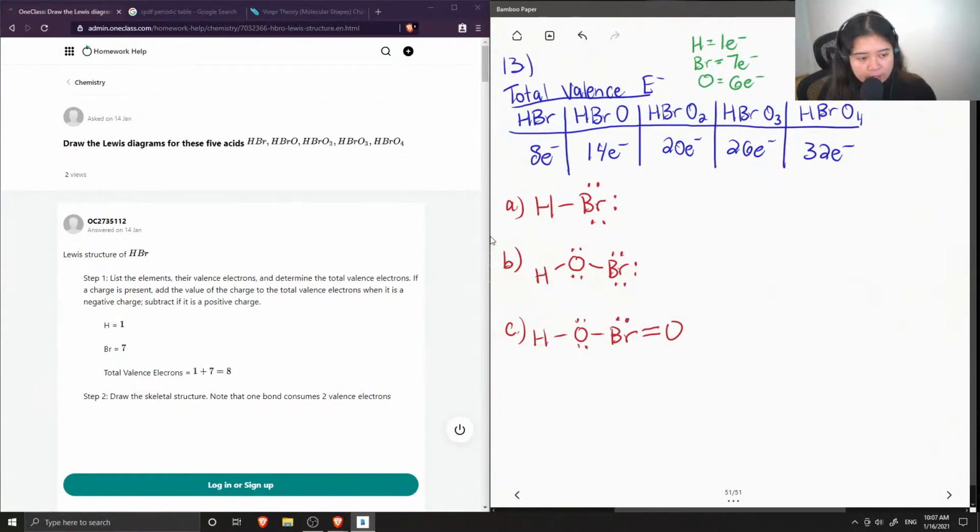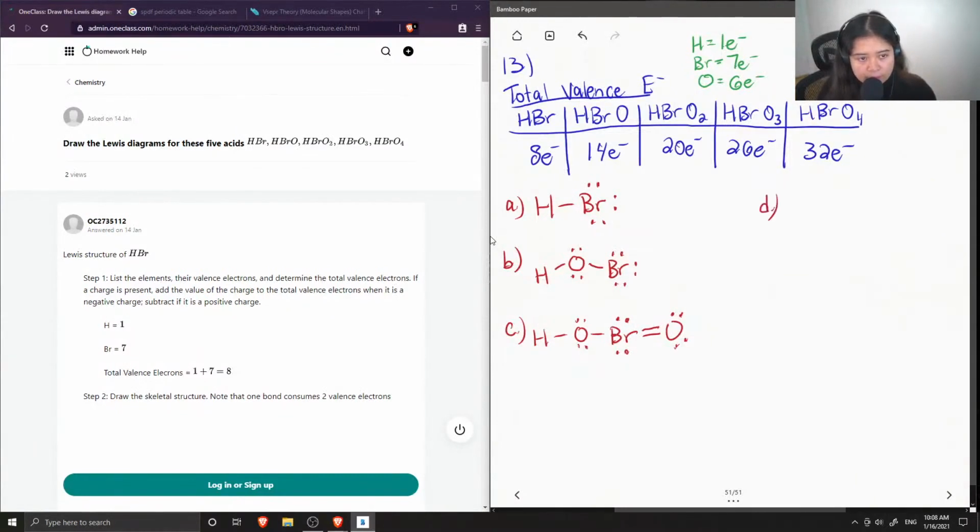And if I draw out all the lone pairs and count out how many I have in this structure, we're expecting 20, and we have 20. So this is also a valid Lewis structure for our third compound. A single bonded oxygen with the hydrogen, and then a double bonded oxygen. And everything should be neutral.